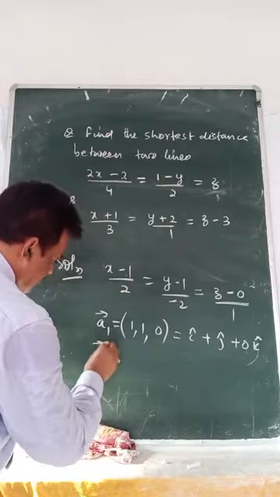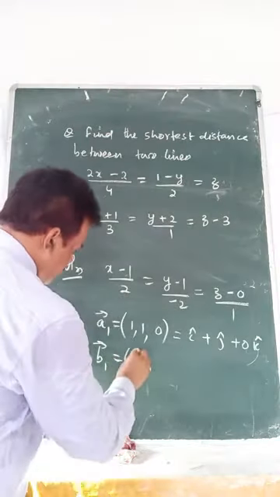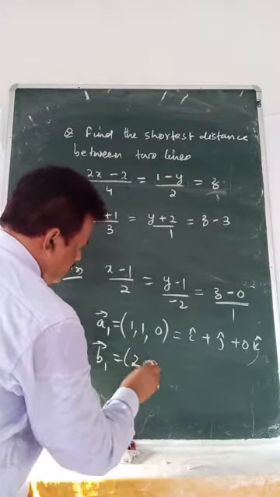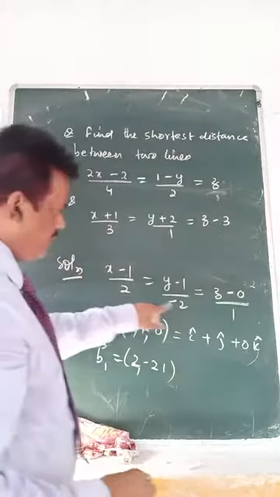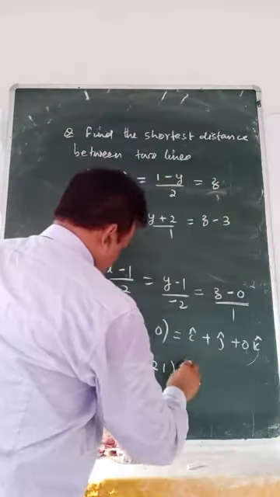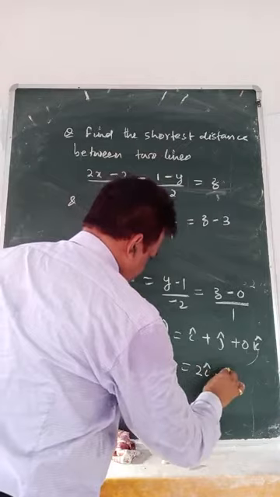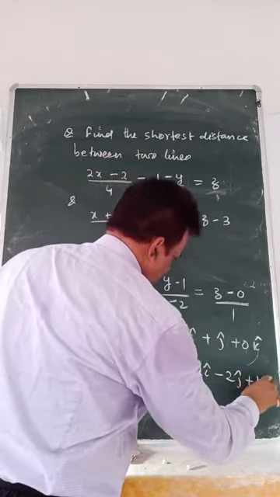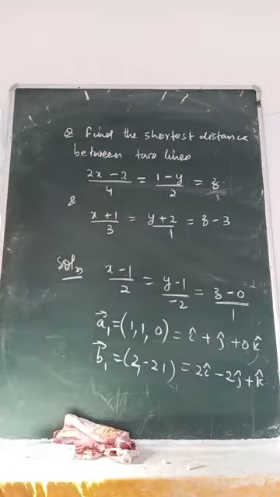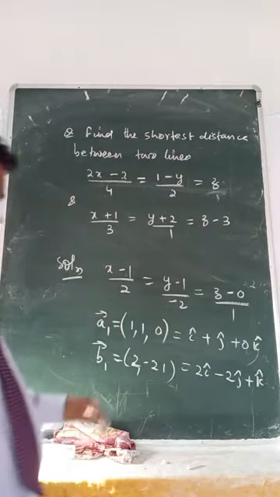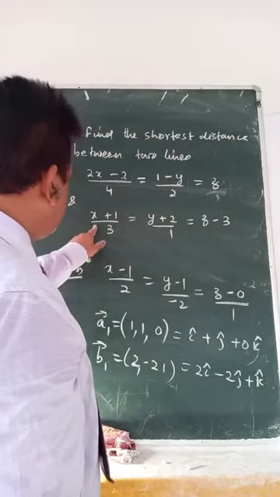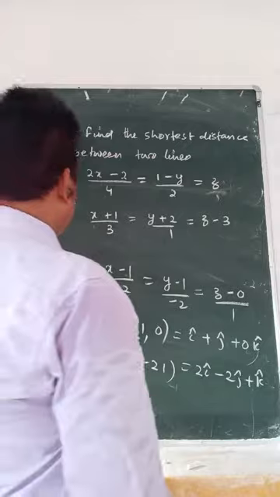B1 vector, this one 2, minus 2, 1. That is 2i minus 2j plus k. A1, B1. Let's go to this one. How to find?